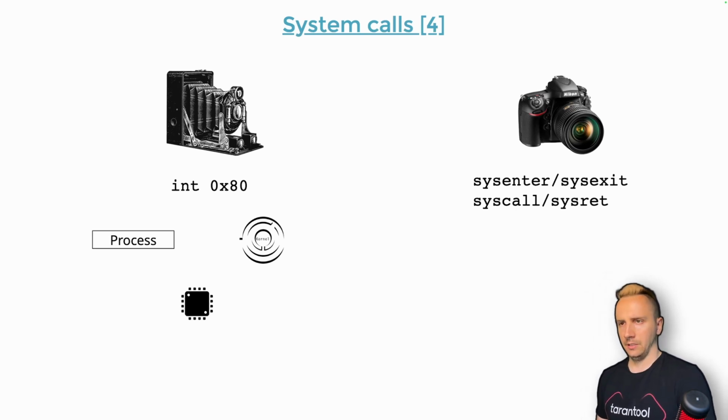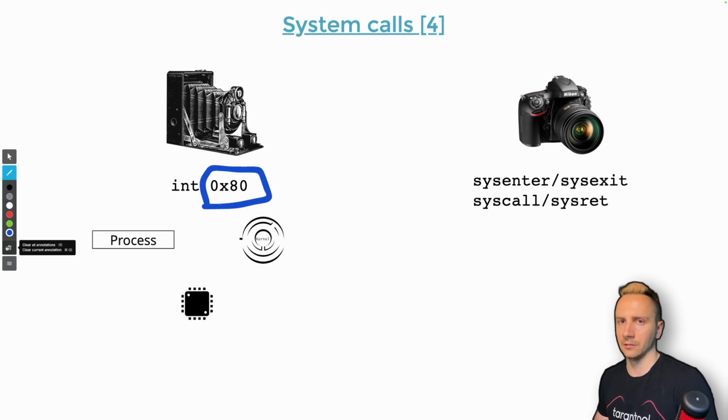The first one, this interrupt way, is very old and it's kind of a crutch done in a creative, interesting way. And this is how it's working. So there is an instruction on the CPU called int, which literally means interrupt, and it takes one argument, the number of the interrupt to invoke, to trigger.